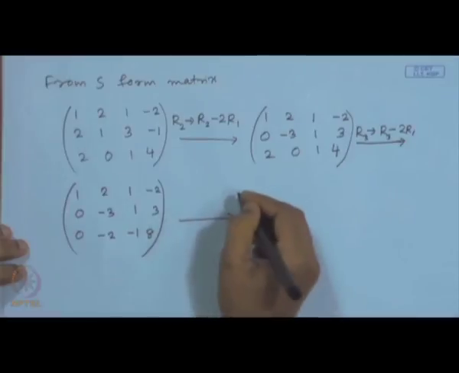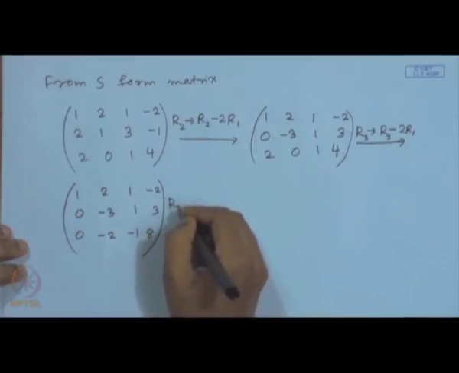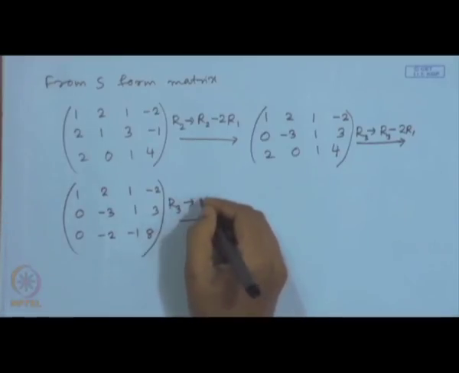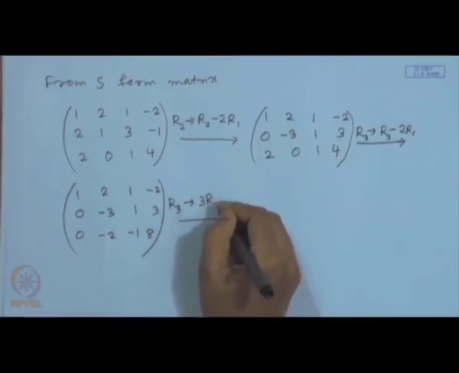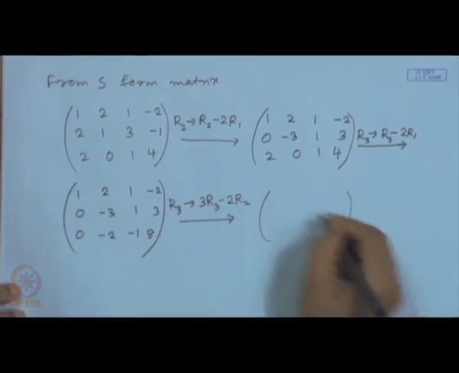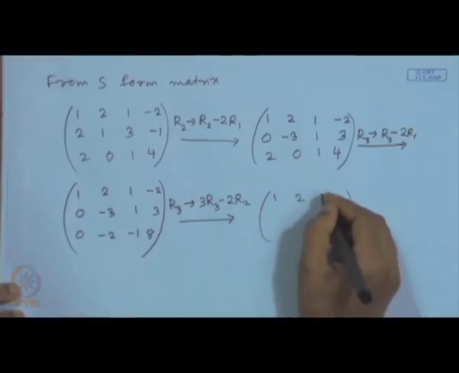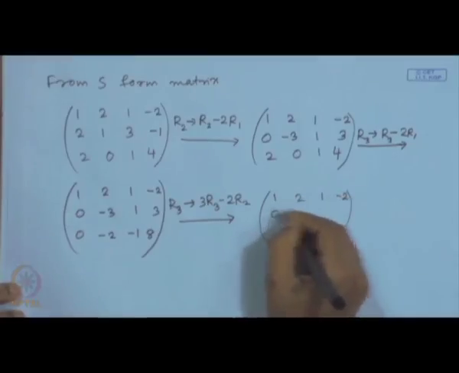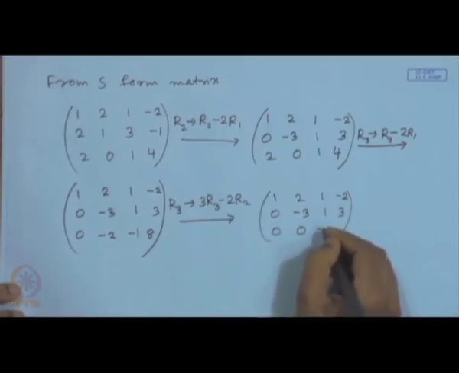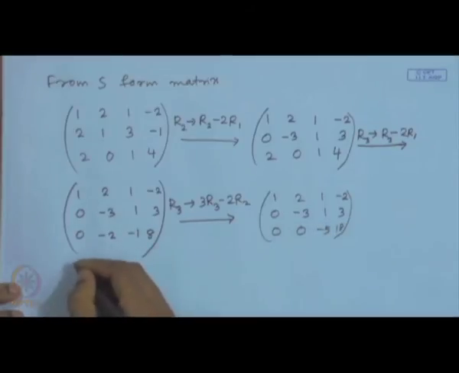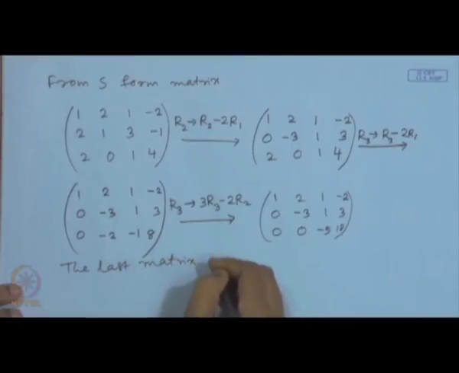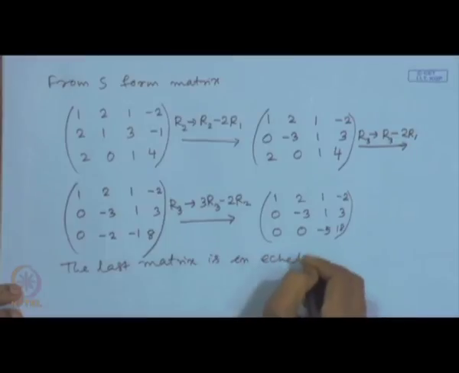Again by elementary row operations, we replace R3 by 3 R3 minus twice R2, and we get the matrix (1, 2, 1, -2), (0, -3, 1, 3), (0, 0, -5, 18). The last matrix is in echelon form.